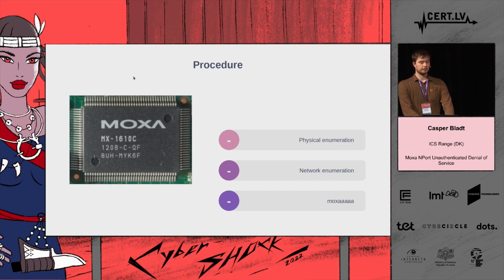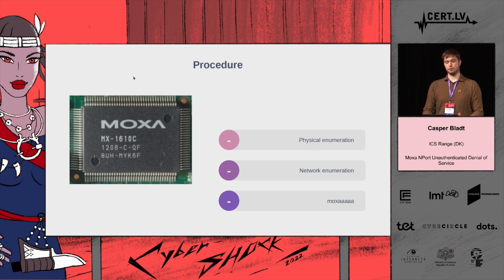A thing worth mentioning is also that, of course, we went to Moxa's website and downloaded all the firmwares for it that we could get. And we noticed that the newer ones are all encrypted, but the older ones are not. So we started finding out at what firmware version they stopped being unencrypted and started being encrypted.